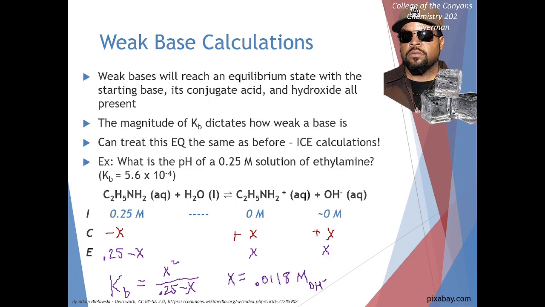We get our value of x is 0.0118, which also corresponds to our concentration of hydroxide. To find the pH, well, multiple strategies exist. Find the pOH to find the pH, or find the concentration of hydronium to find the pH. Regardless, we should end up with some answer. pH is 12.07.